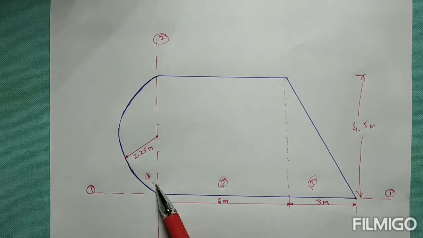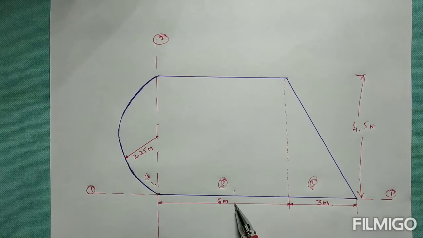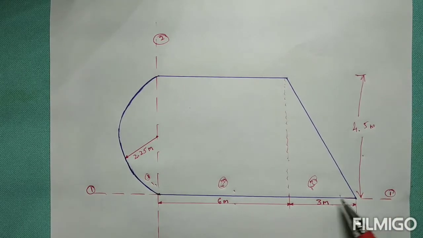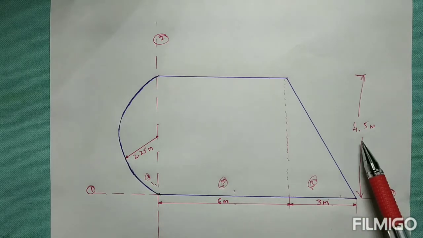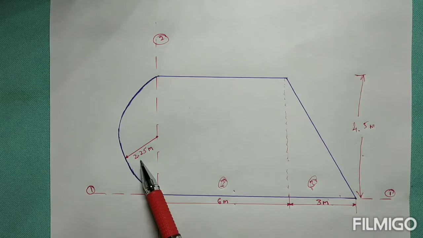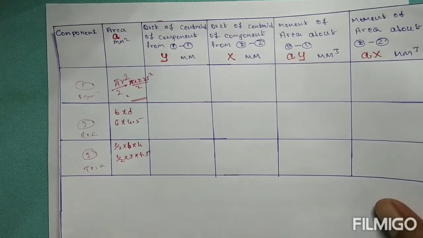For the semicircle, the area will be pi r square by 2, and for the rectangular the area will be breadth into height. Breadth is 6 meter, height is 4.5 meter. Similarly for the triangle, the area will be half into base into height, where base is 3 meter and height is 4.5 meter. Let us see in the tabular column.